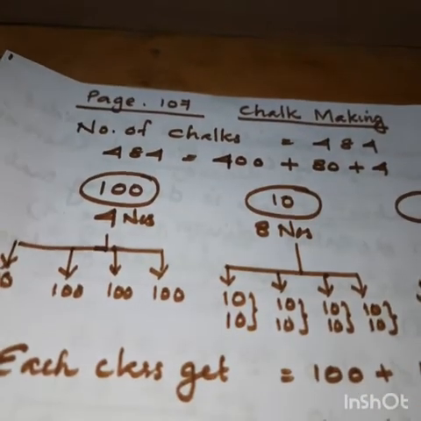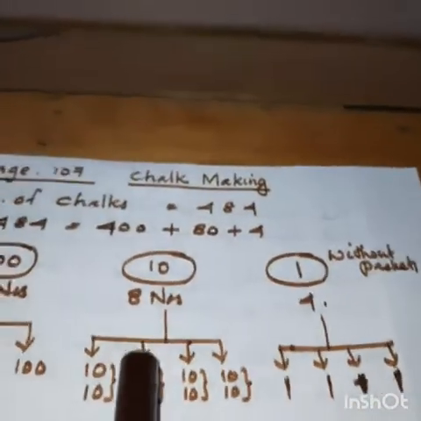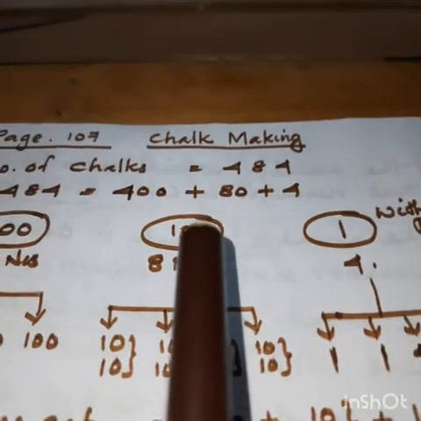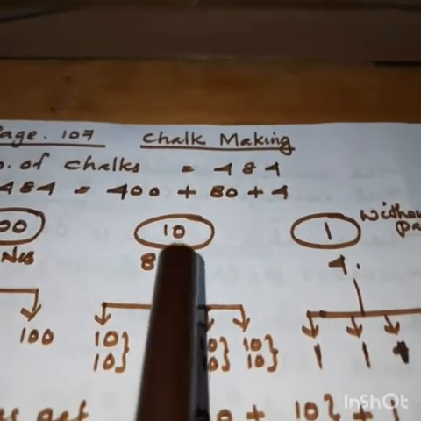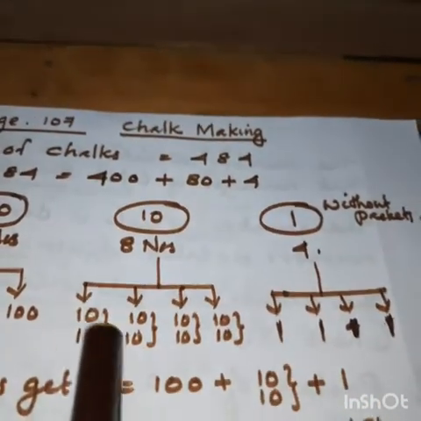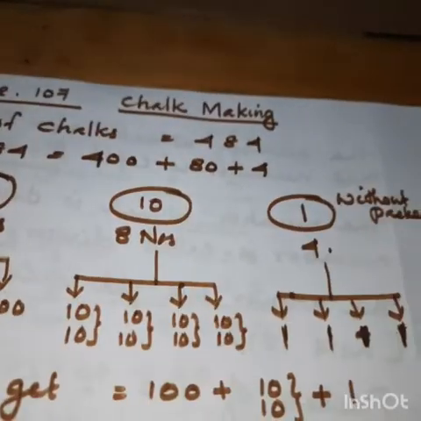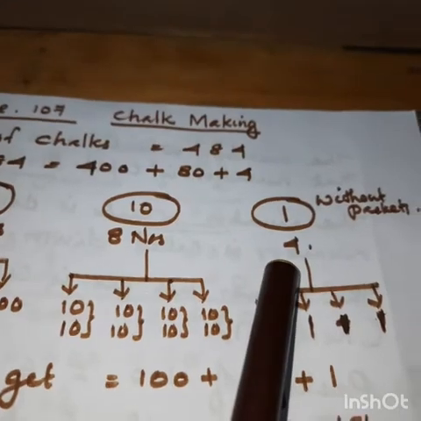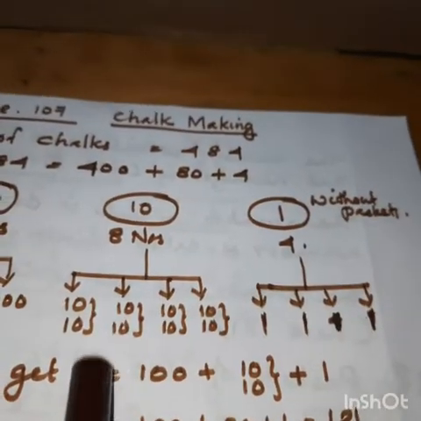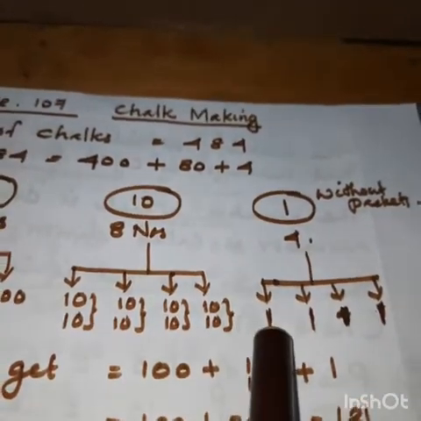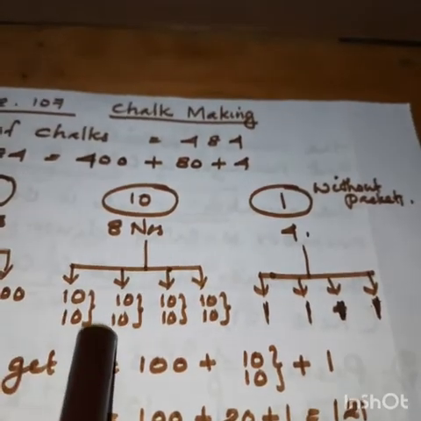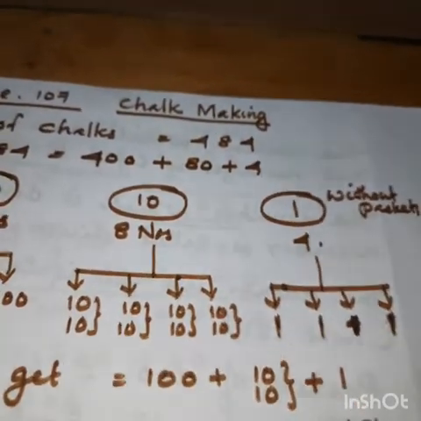Therefore, 100. Then, from the 8 packets of 10, each one gets 1: 10, 10, 10, 10. Then 4 of them are remaining. Therefore, distribute 1 more for each, so each one gets 2 packets of 10.